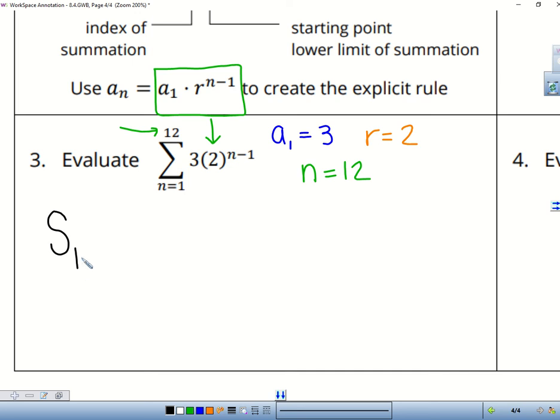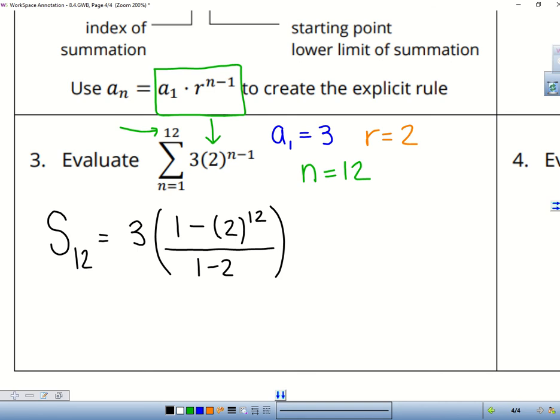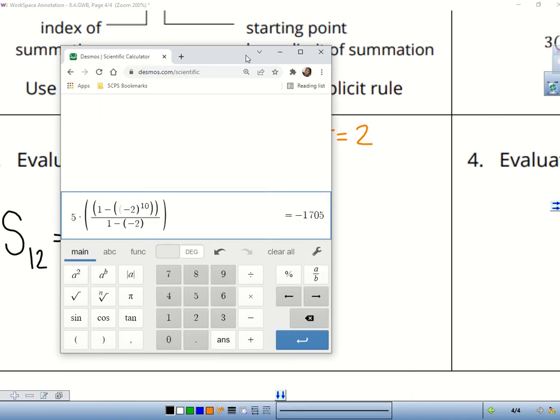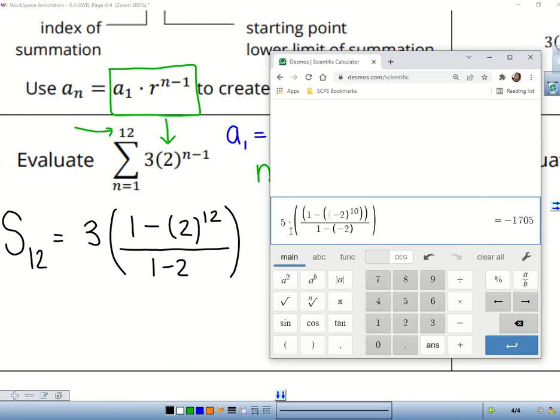So the sum of the 12 terms is equal to your first term times 1 minus r to the power of n over 1 minus r. And as you know, I like to use a lot of parentheses because better to use more than not enough. It's my philosophy. Luckily, I already have it typed in, so all I have to do is change the numbers.